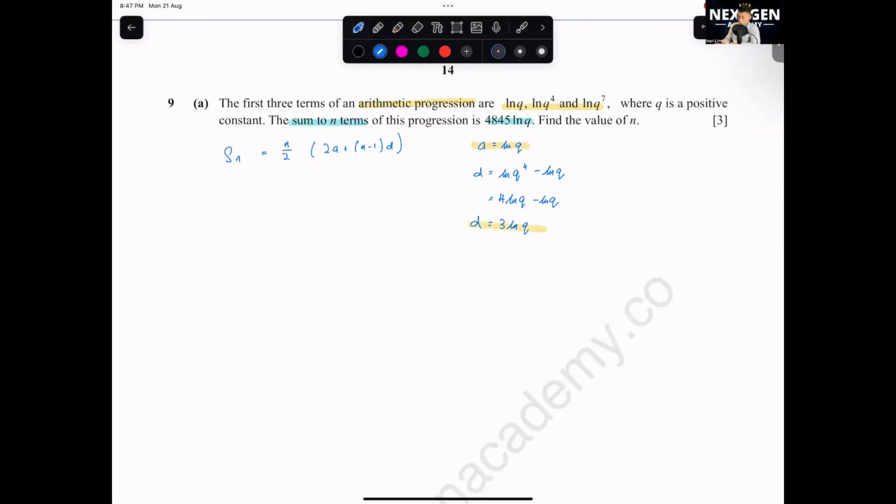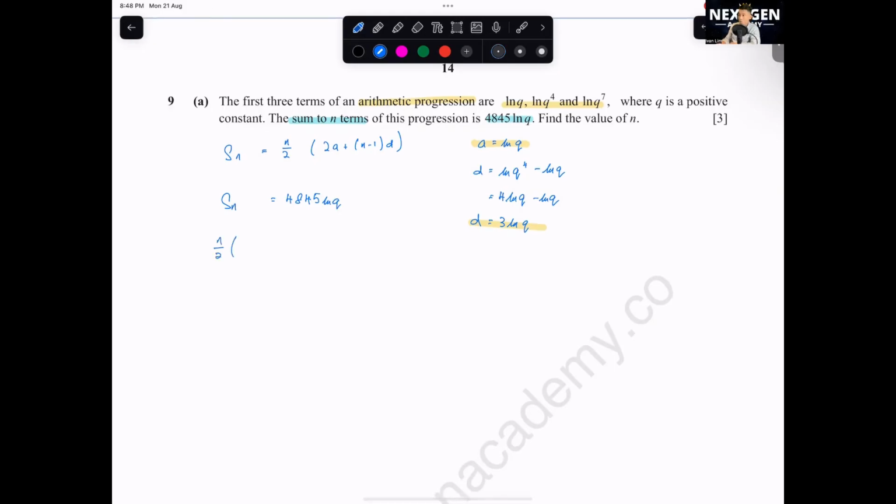Okay, so we want to write down this equation. They say the sum of the n terms is 4845 ln q. So n over 2, 2 ln q plus n minus 1 times 3 ln q, equals 4845 ln q.